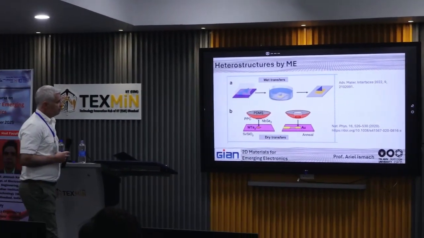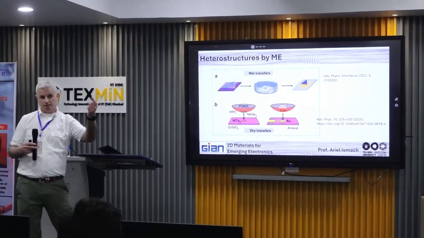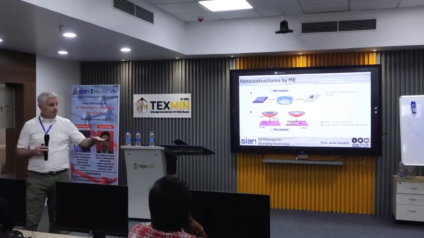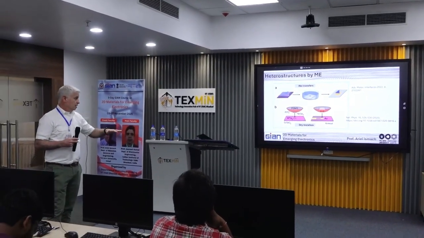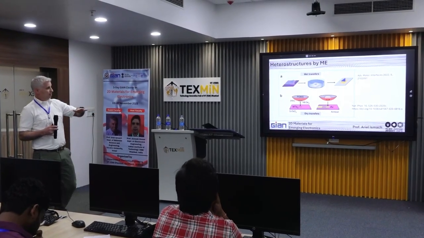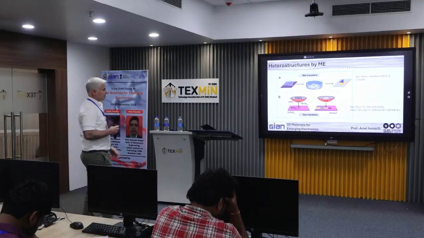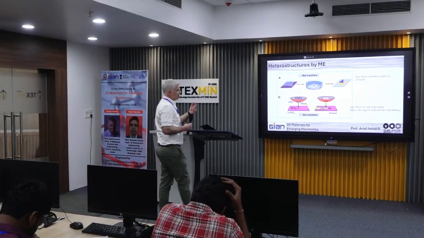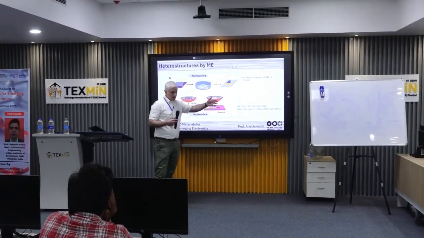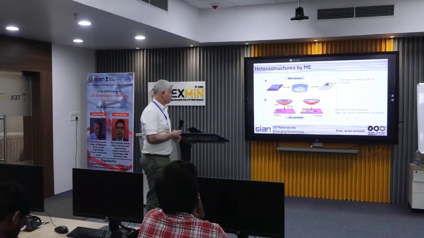One of them uses the wet transfer. Remember the wet transfer that we used to transfer the graphene? The same transfer you may use for materials that you make at the lab, by CBD, or in flakes. And then you basically repeat the process several times with different materials, therefore having them stacked one on top of the other as you decide.